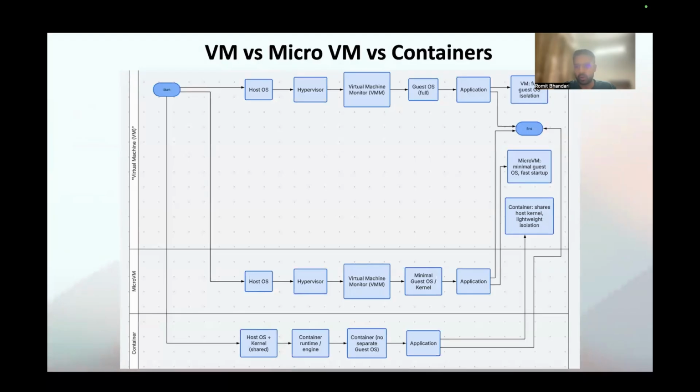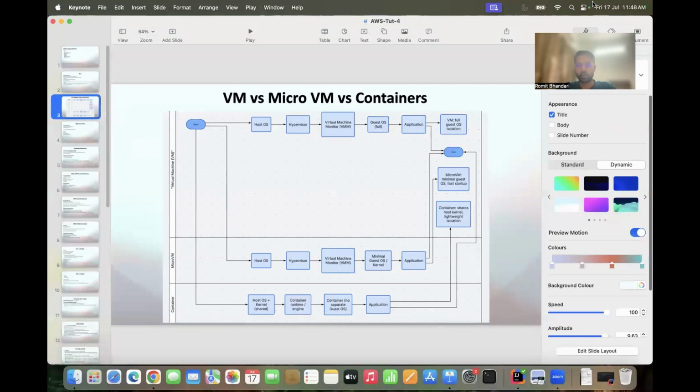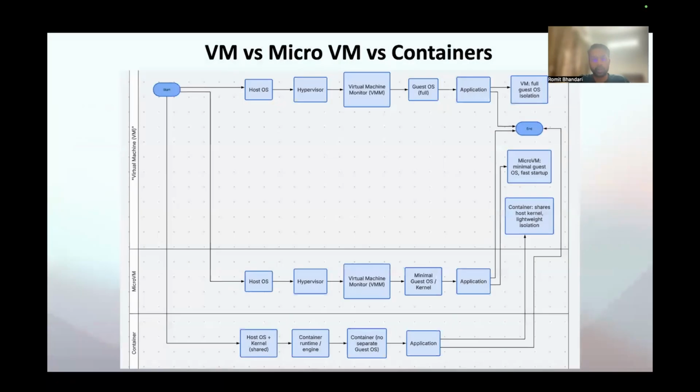Now before we move to other types of compute services, I wanted to also touch upon the difference between VM, micro VM, and containers, because it's very important for us to understand that, to get a little bit of understanding of the hardware behind the different services.